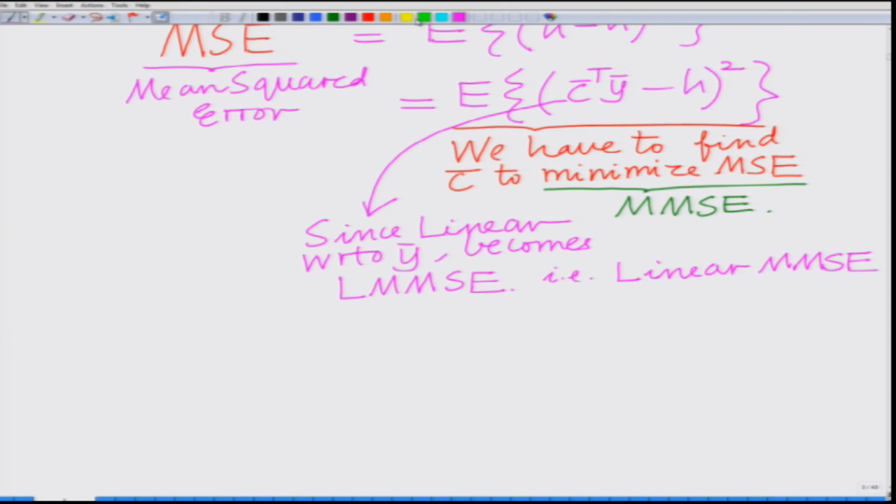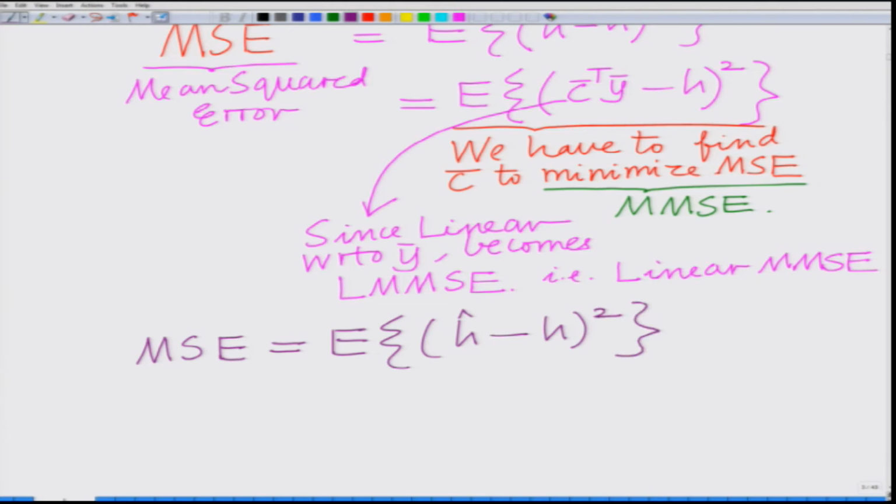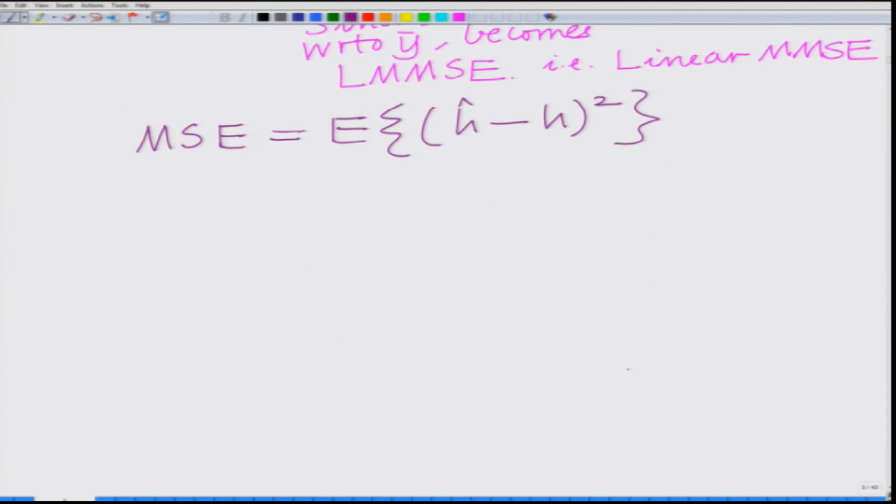Okay. So, now let us simplify this expression for the MSE. We have MSE, which is a function of this vector C bar, equal to the expected value of H hat minus H whole square.